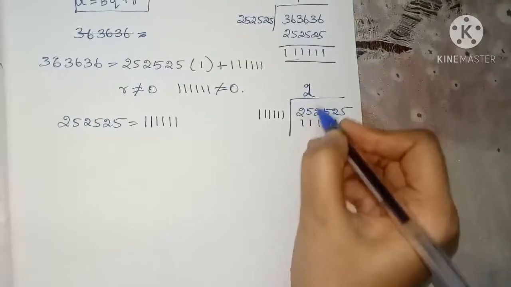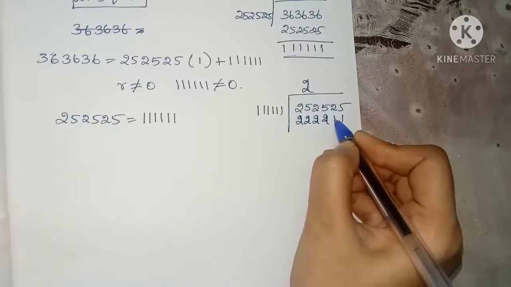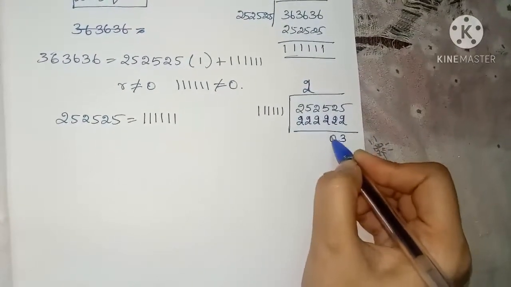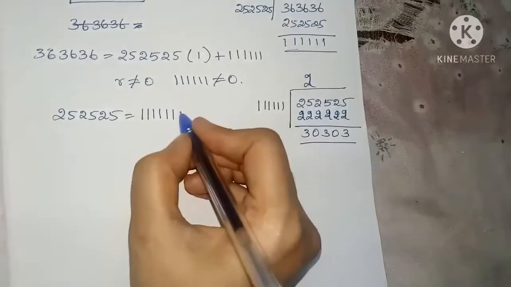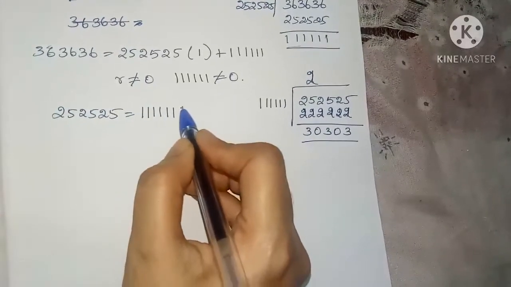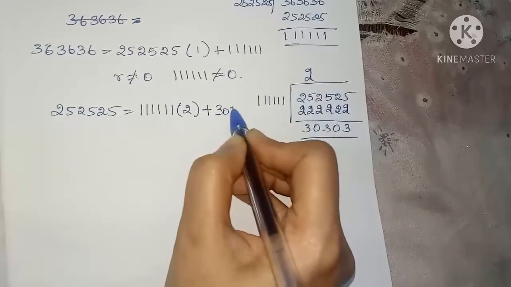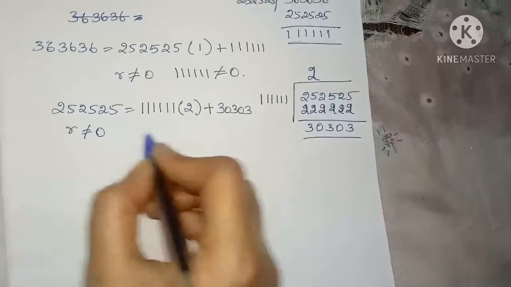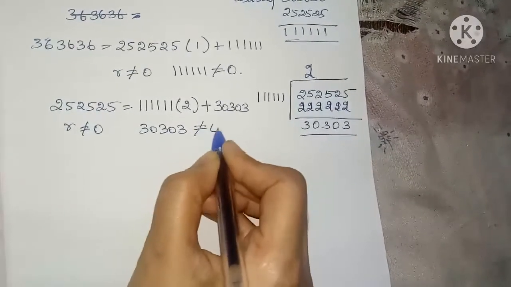We can write it as 2 times. 2, 2, 2, 2, 2, 2. So 3, 0, 3, 0, 3. So write here a is equal to b into q. Quotient is 2 plus remainder is 30303. Here remainder is not equal to 0 because 30303 is not equal to 0.